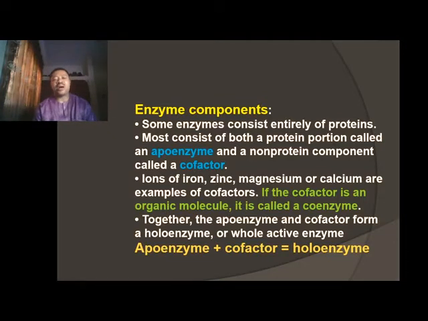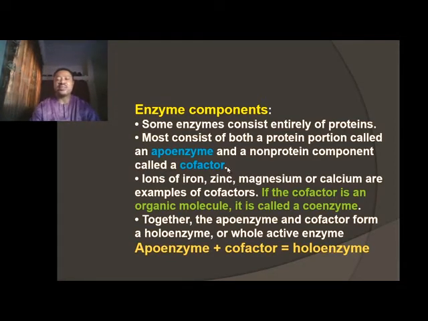Ions of iron, zinc, magnesium, calcium, these are all examples. Remember when we were talking about the nutrients, I told you that these substances can act as cofactors. So these are examples of cofactors.